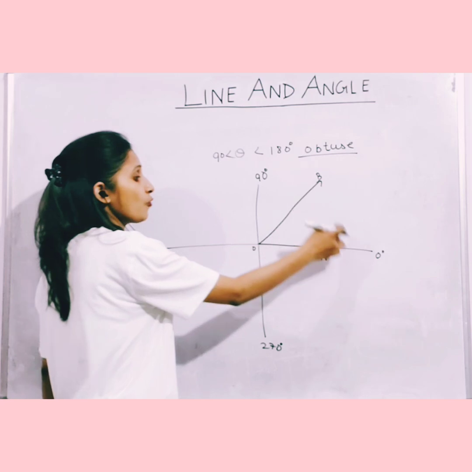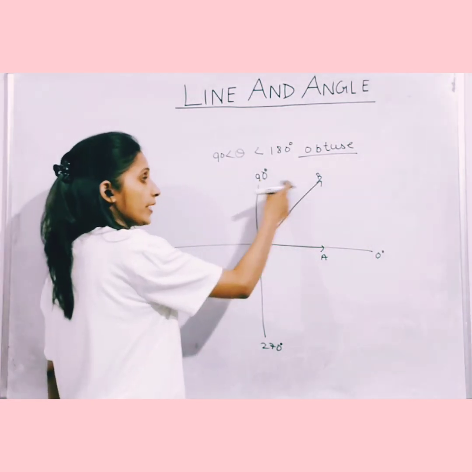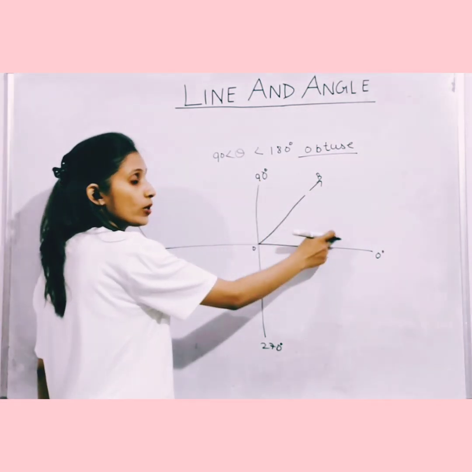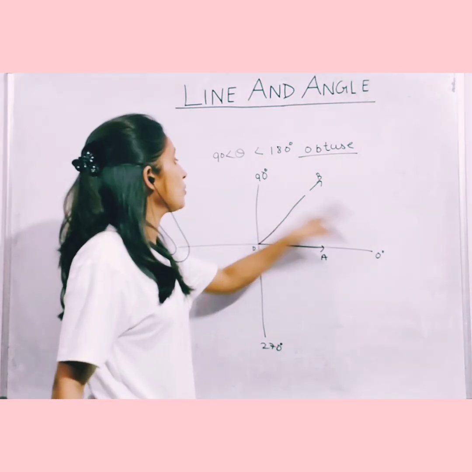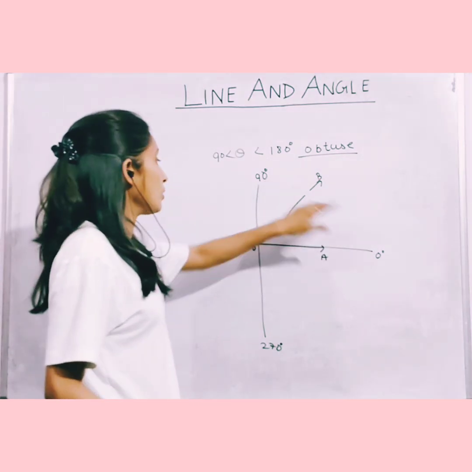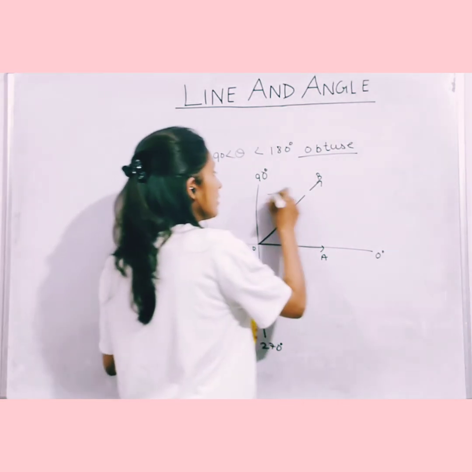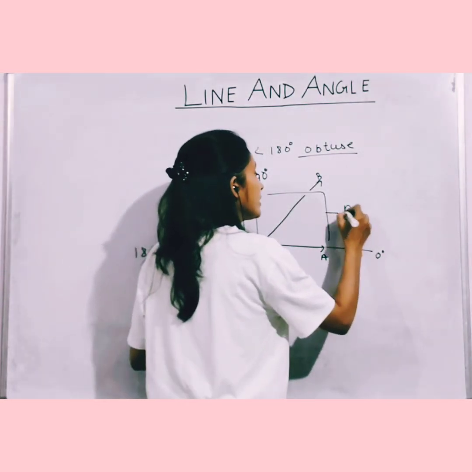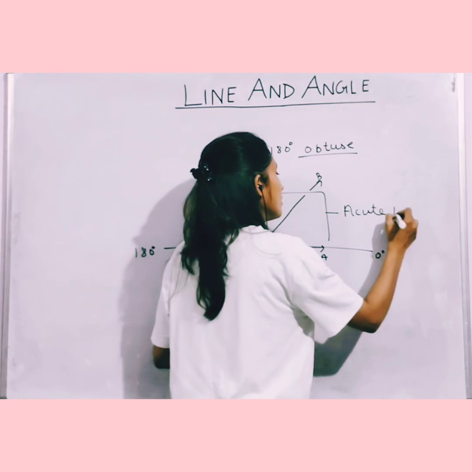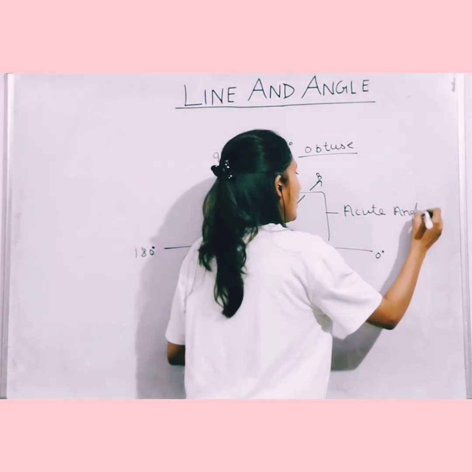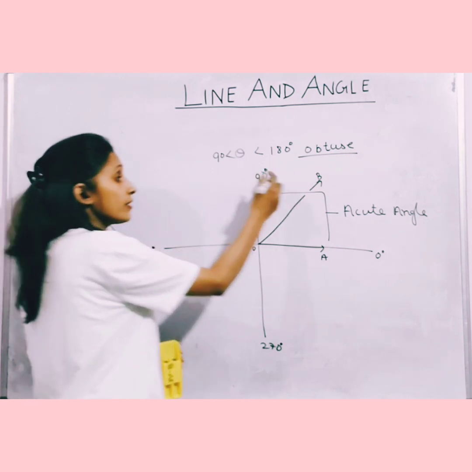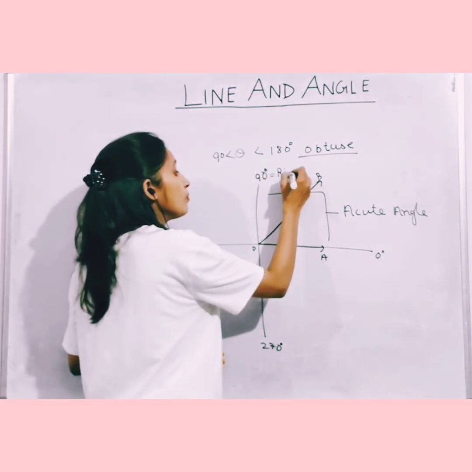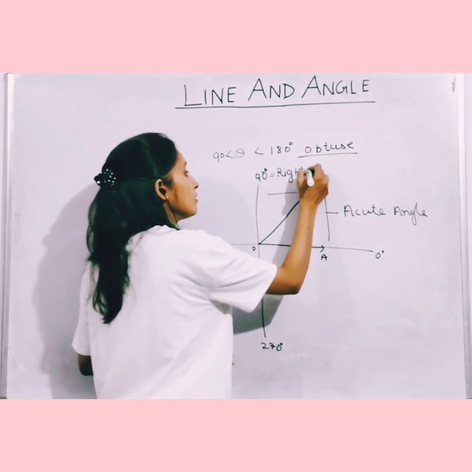Any angle which is formed in this region will be called acute. Why? Because it will lie between 0 to 90 degree only. So this region is for acute angle. And when theta is equal to 90 degree, it will be our right angle.